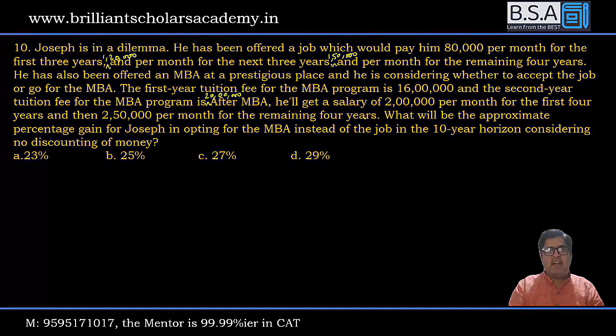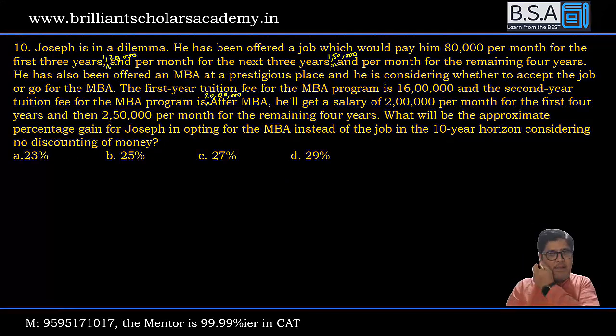After MBA, he will get a salary of 2 lakh rupees per month for the first 4 years and 2,50,000 per month for the remaining 4 years. What will be the approximate percentage gain for Joseph in opting for MBA instead of job in a 10-year horizon, considering no discounting of money?